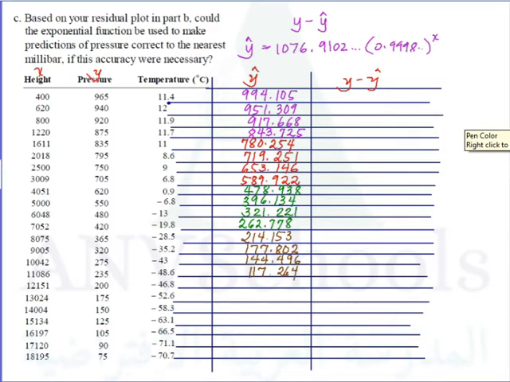Now I want blue. If my x is 12,151, that would give me 94.766, assuming that I have a correct y hat. Yes, I do. So what if my x is 13024?